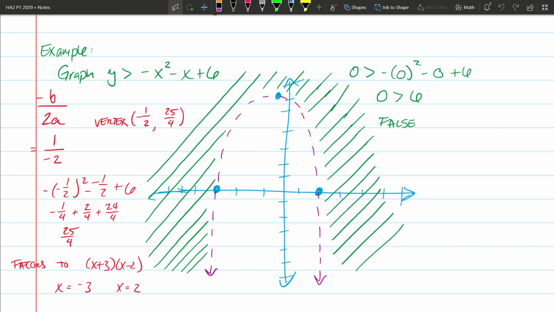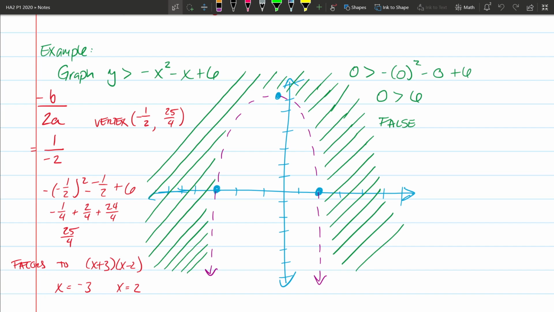All right, so let's do another example. How about we try y is greater than or equal to x squared plus 4x minus 5. All right, so my first step is going to be to figure out where my vertex is.